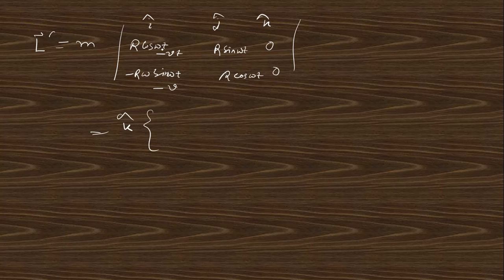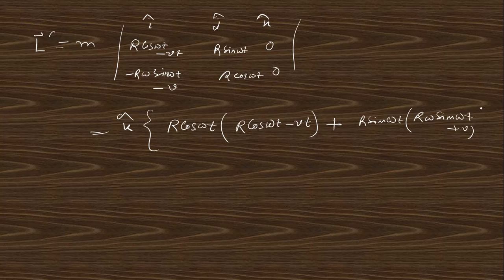So i cap is 0, j cap is 0, only k cap is present. That is the k cap times r cos omega t multiplied by r omega cos omega t, minus vt, and minus of this product, so you will get plus r sin omega t into r omega sin omega t plus v.